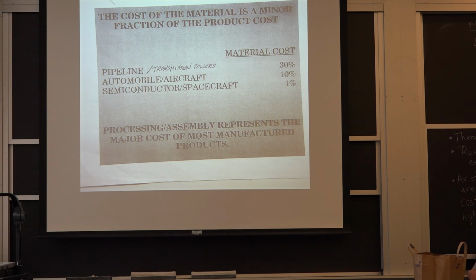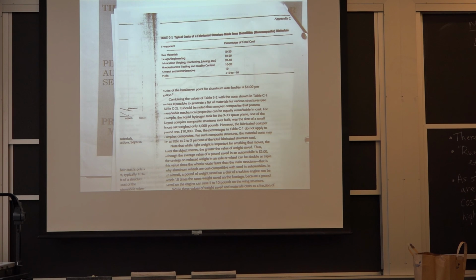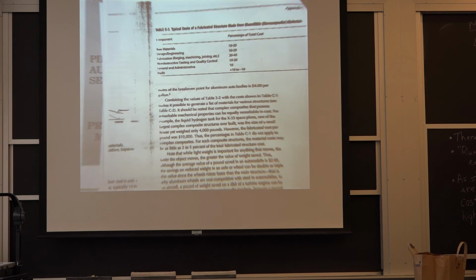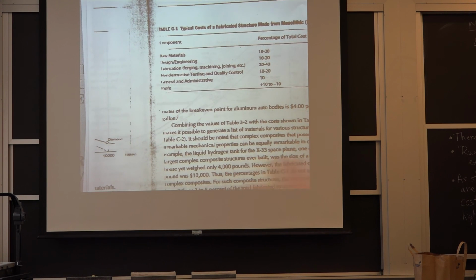Where's most of the cost? That paper will tell you that if you average materials costs as about 10% of the value, then there's more. I had this all worked out once. Here's the table. Raw materials are 10 to 20% of the value of a manufactured product.